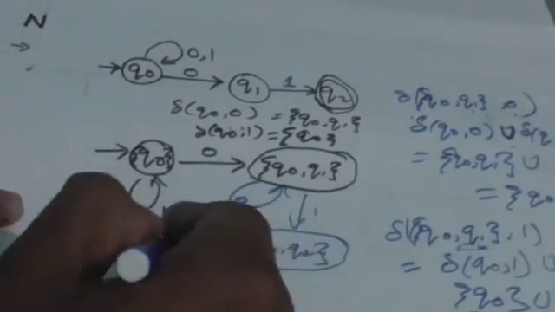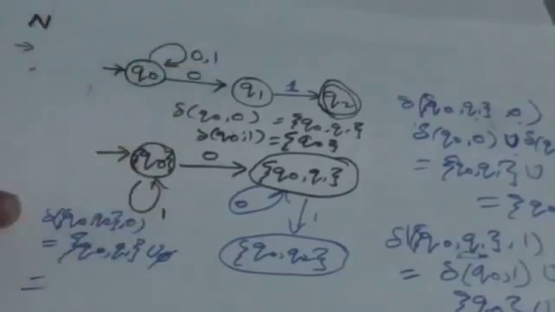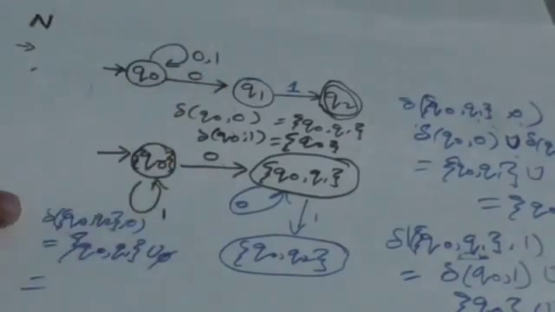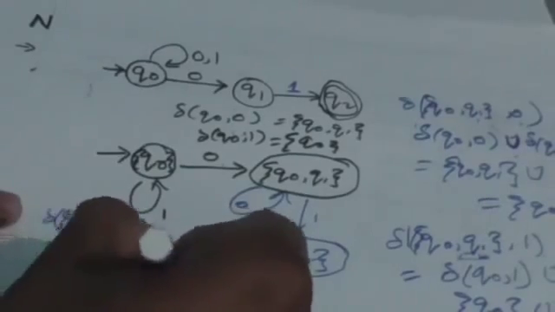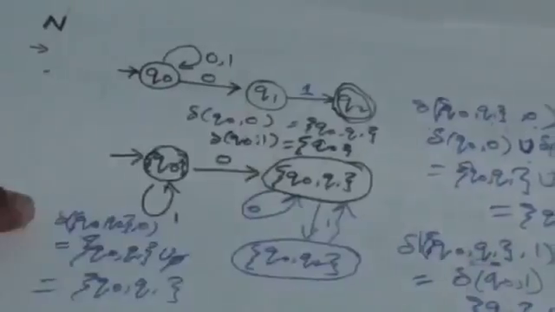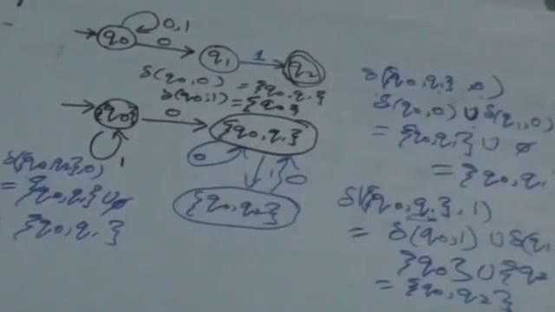When you apply 0 to Q2, the result would be the empty set, because there is no transition for input symbol 0 from state Q2. So it would be Q0 and Q1. It means when you apply 0, it will jump to state Q0, Q1. Now we have to find its transition for input symbol 1.